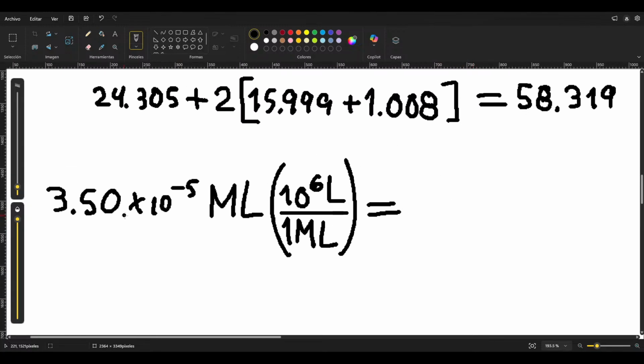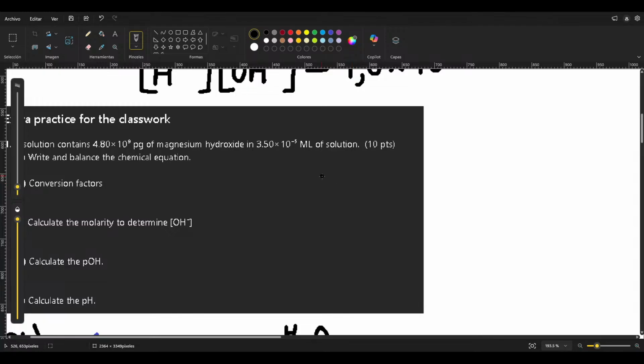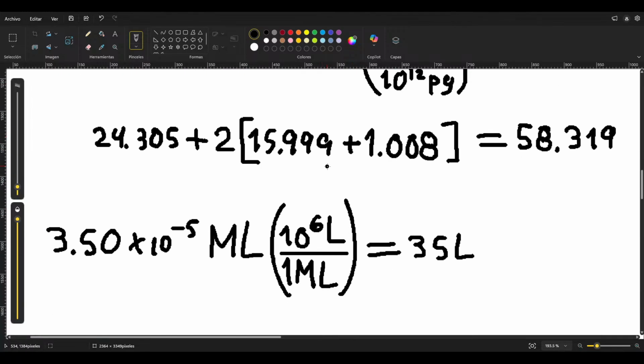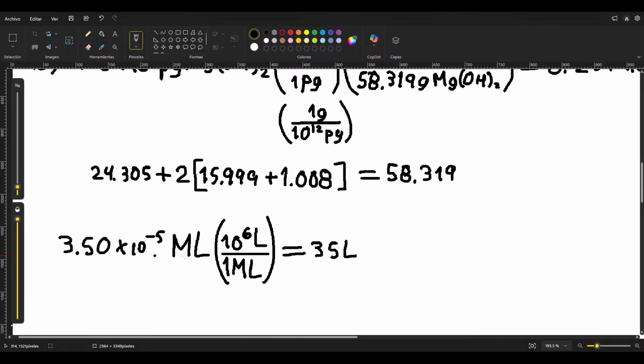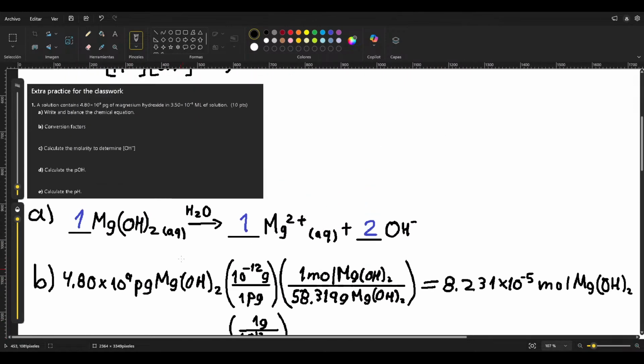So if we multiply that out, it's gonna be 35 liters, if I'm not mistaken. Yeah, right, 35. You calculated too? Yeah, I'm taking that also with my calculator. Yeah, it is.